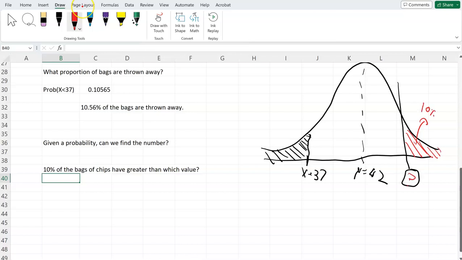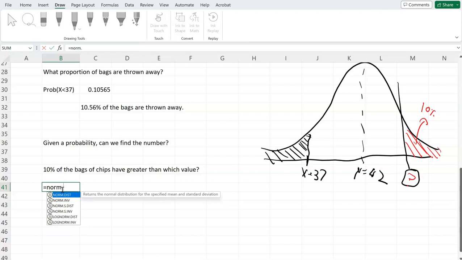Now this is the number we need to find. So how do we do that? Well, we used norm.dist to find the probability so far. We are going to use something called norm.inv. So we are going to use equals norm.inv. What's the probability? The probability is going to be 0.1, and the mean and standard deviation.